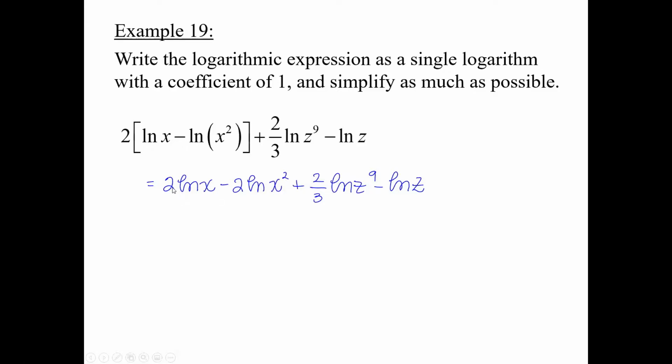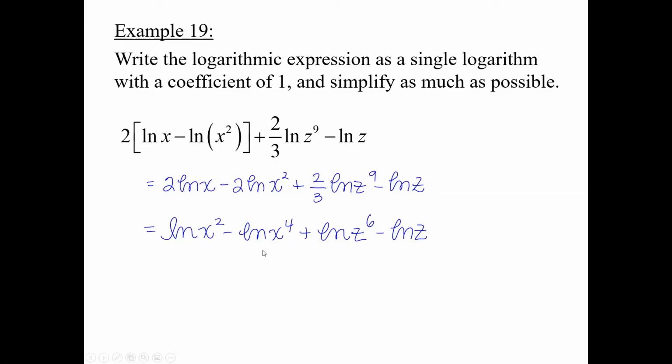Our next step, we'll take this 2, bring the power up here, take this 2, and we're going to have to take this 2 times that 2. So we have natural log x squared here minus natural log x fourth. We also took 2/3 times 9, getting 6 for the power here. And of course, there was nothing in front of this one.